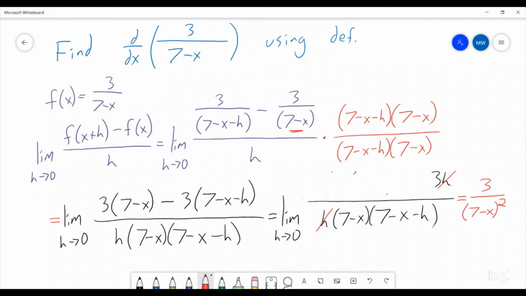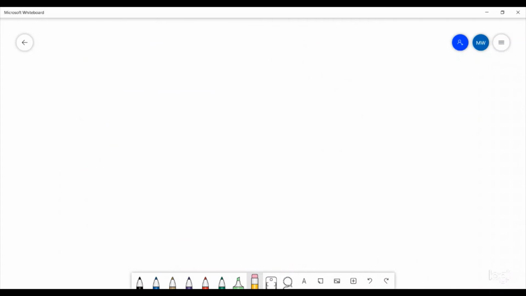Okay, let's look at one more problem with derivatives, and then I'm going to talk a little bit about limits. Okay, so this might be a free response question.